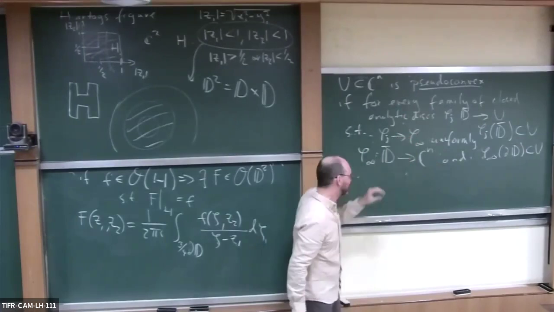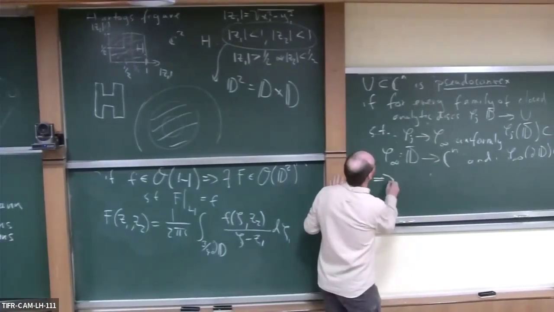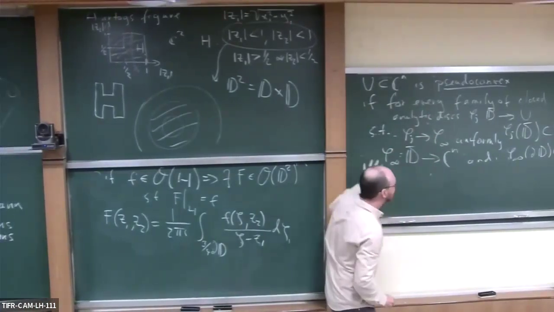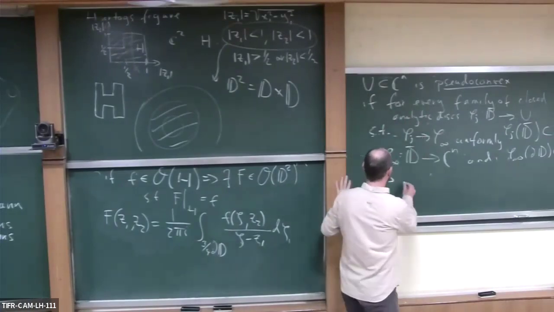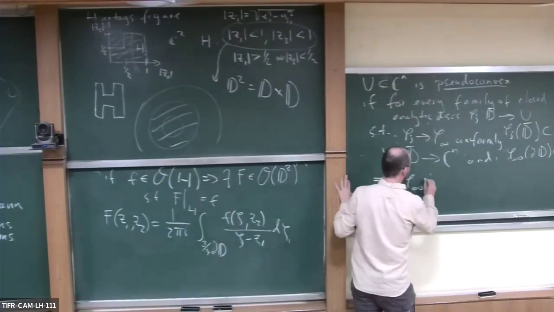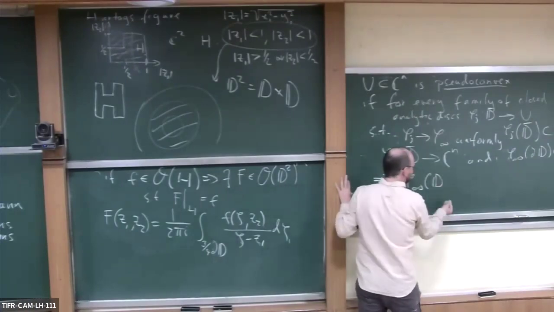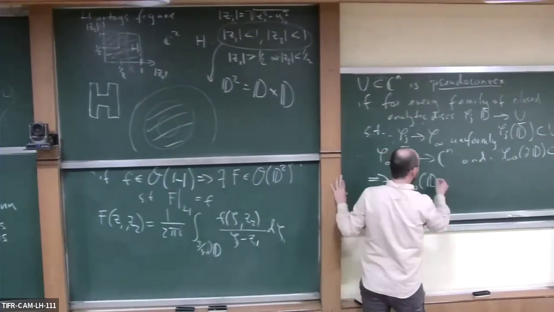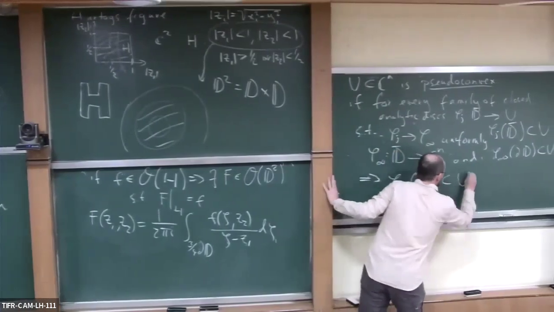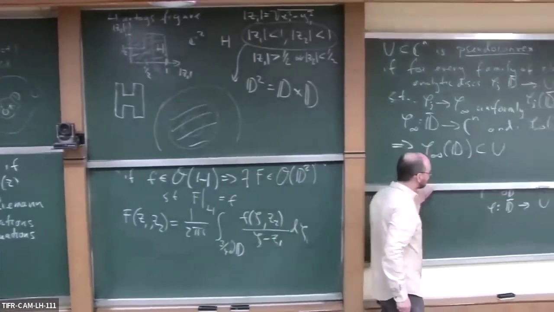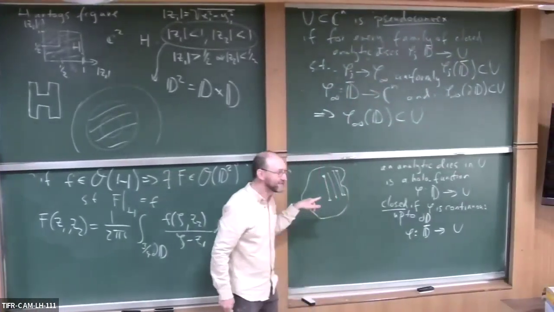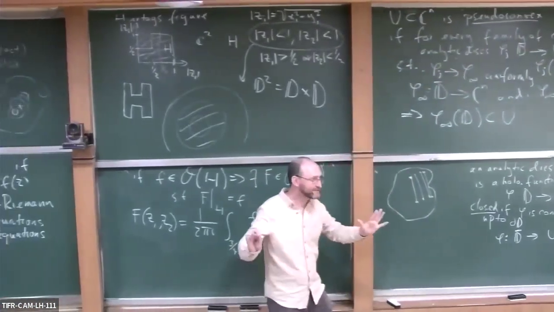Then U is pseudoconvex if for every family such as this, you get that the inside of the disk also holds. So basically, I have a family of disks.